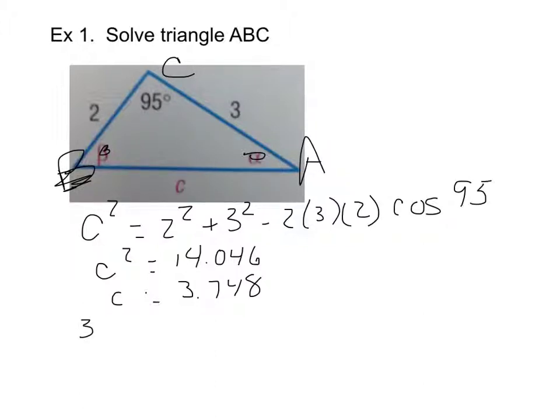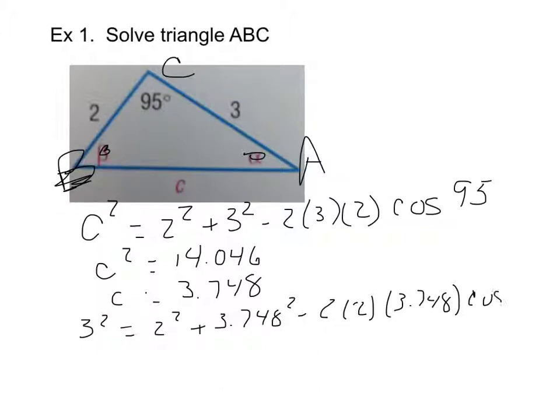Now, using that information, I can solve for angle B. I put 3 squared equals 2 squared plus 3.748 squared minus 2 times 3.748 times the cosine of B. I did 3 squared, subtracted 2 squared, subtracted 3.748 squared, and divided by this product, and ended up with the cosine of B equals 0.6035.